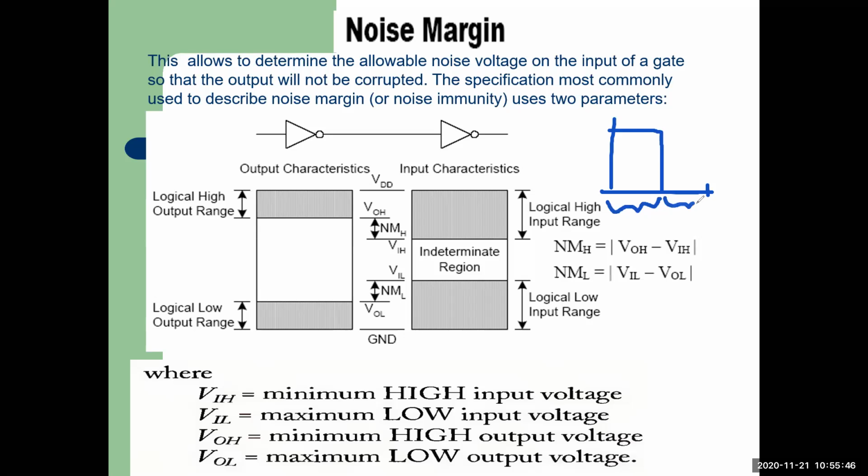Here the noise margin is 2.5. If it goes towards the left, here the noise margin is 1, here the noise margin is 4. So 4 we will not count. We will count the minimum one. So here your noise margin is 1. Previously your noise margin was 2.5. Now your noise margin is 1. So it minimizes the noise margin.